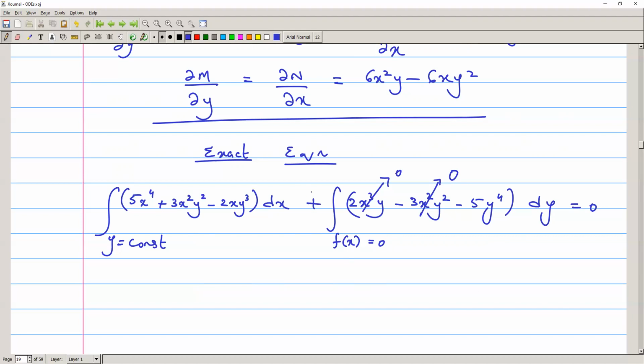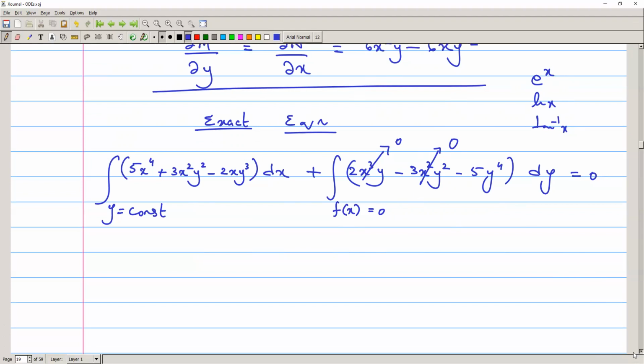Any function of x, any polynomial of x, like e to the power x, ln x, tan inverse x, if any function of x is present here, then we simply make it 0, right? It doesn't matter whether it is within a product of y or in a division. So y is constant here.